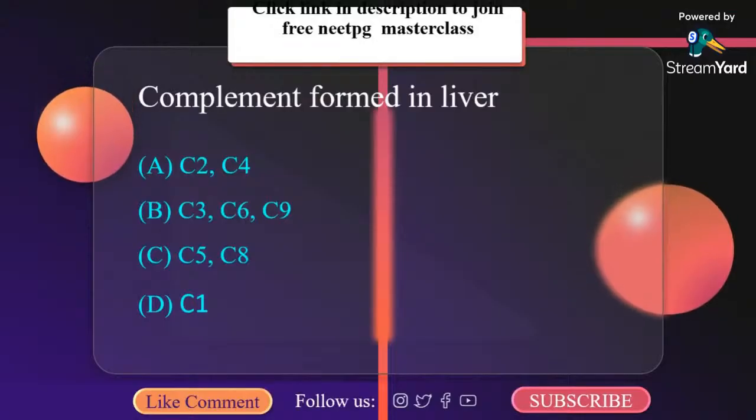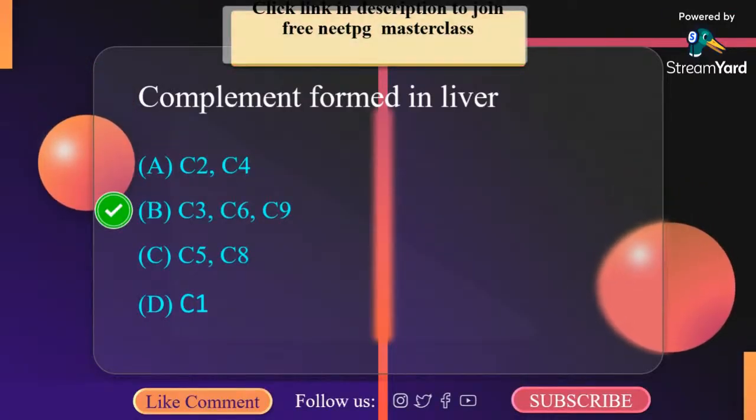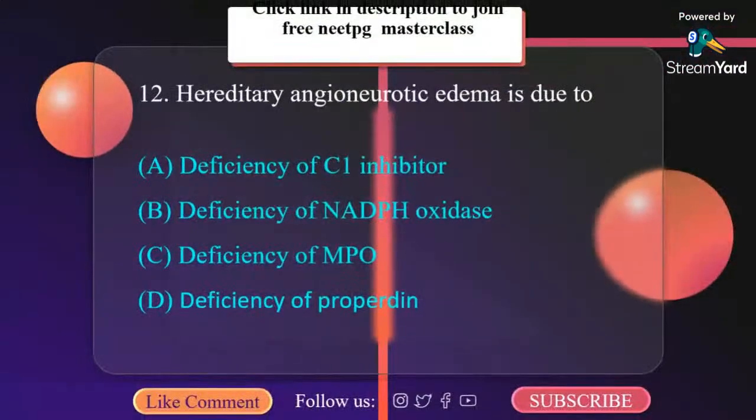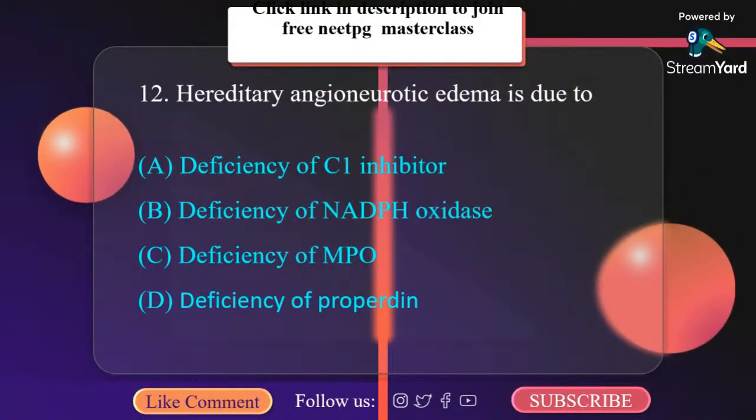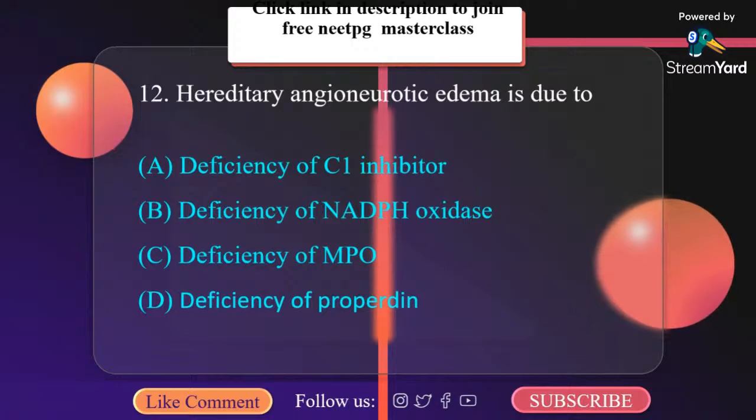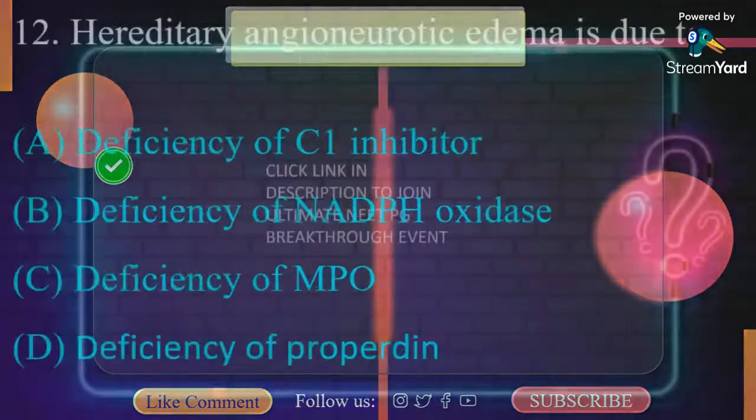Complement formed in liver is C3, C6, C9. Hereditary angioneurotic edema is due to A. Deficiency of C1 inhibitor, deficiency of NADPH oxidase, deficiency of MPO, deficiency of properdin. It is absence of C1 inhibitor.